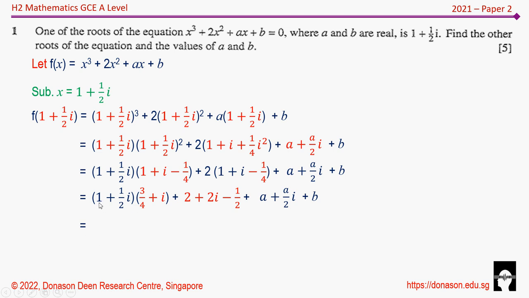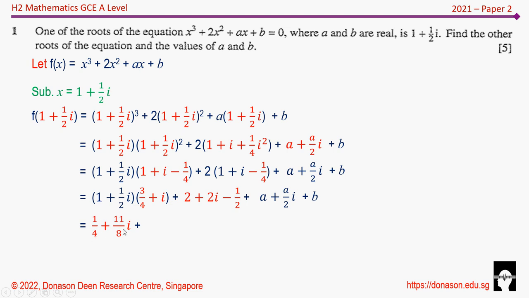Now let us expand this. 1 times 3 quarter is 3 quarter, and half i times i becomes half i squared, which becomes negative half. So we have 3 quarter minus half, which gives you 1 quarter.